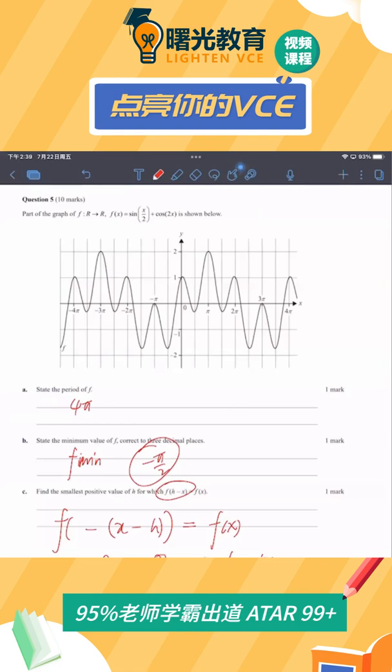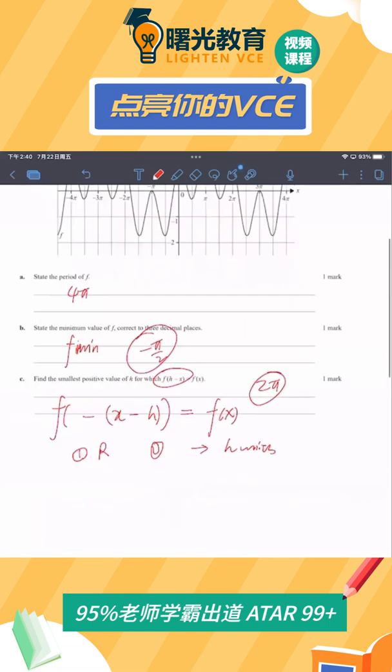Now, you can just sketch on the graph, all right? Flip it and then find out how far you have to move right to make sure your graphs exactly overlap each other. And then you would find out, okay, 2 pi, this is enough, right? 2 pi is enough.